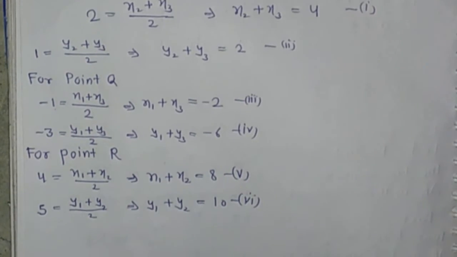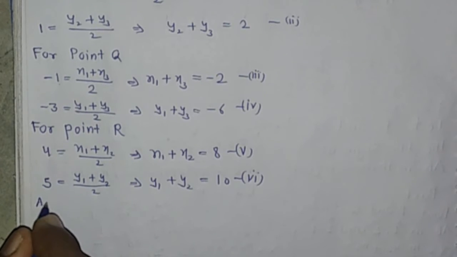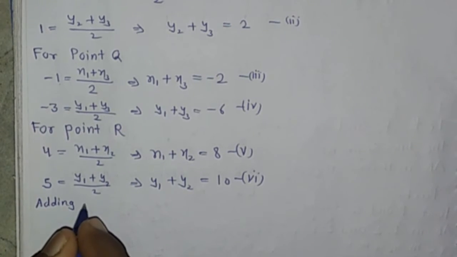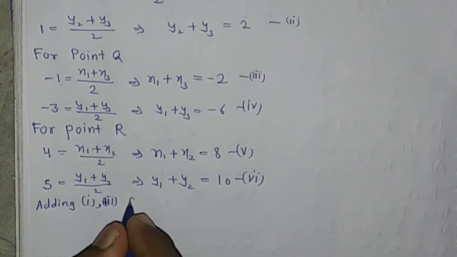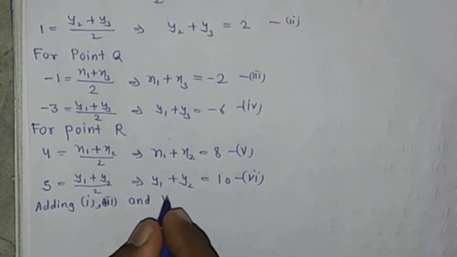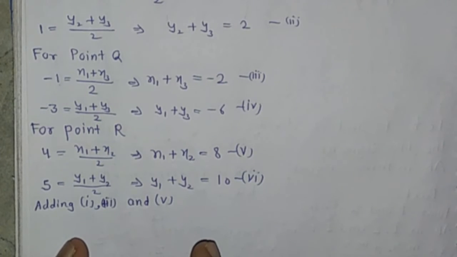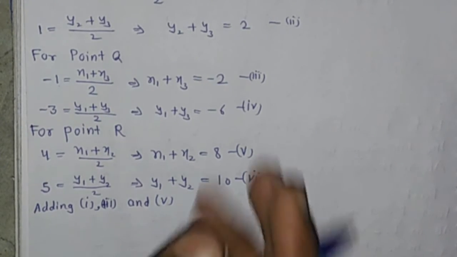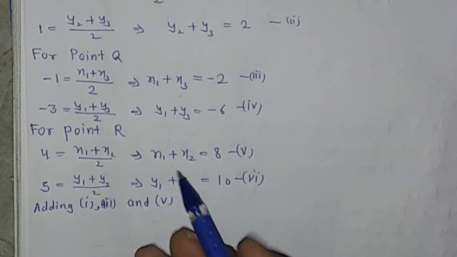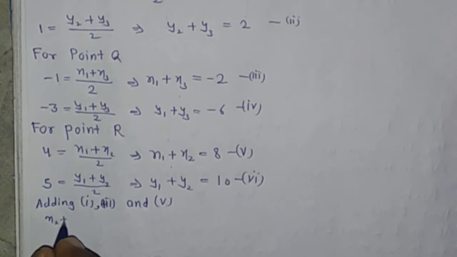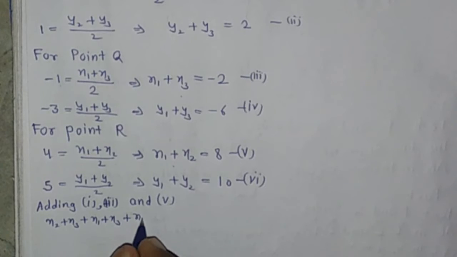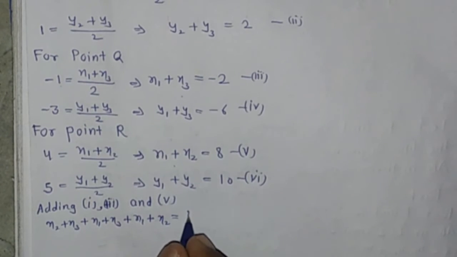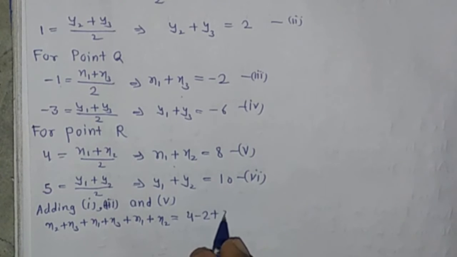Now adding equations 1, 3 and 5, the equations which contain x, that is x2 plus x3, x1 plus x3, x1 plus x2, is equal to 4 minus 2 plus 8.